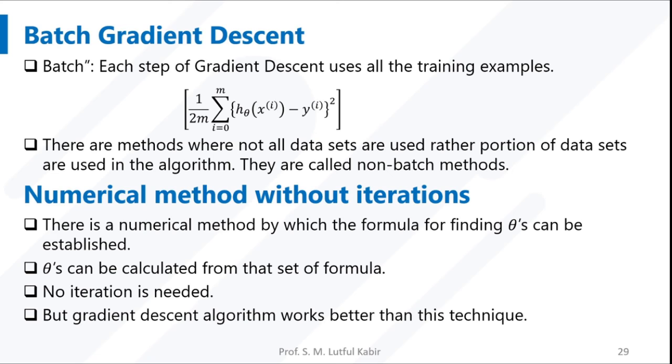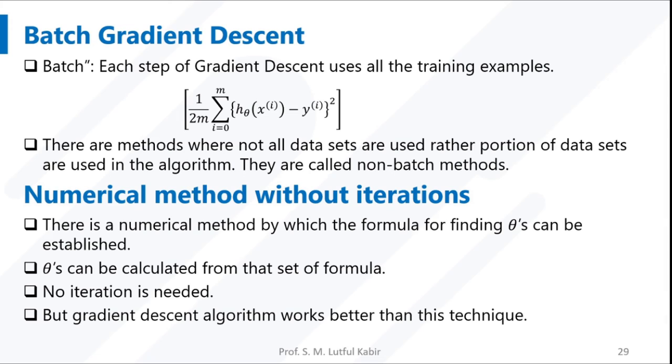In our case, we use an iterative method, and every time we change theta 0 and theta 1 following gradient descent. But the gradient descent algorithm works better than this numerical technique. So the direct equation is one technique, and the iterative method is another technique of finding or updating theta 0 and theta 1.